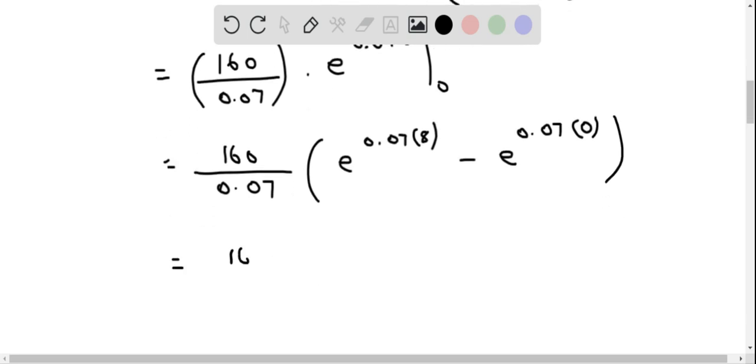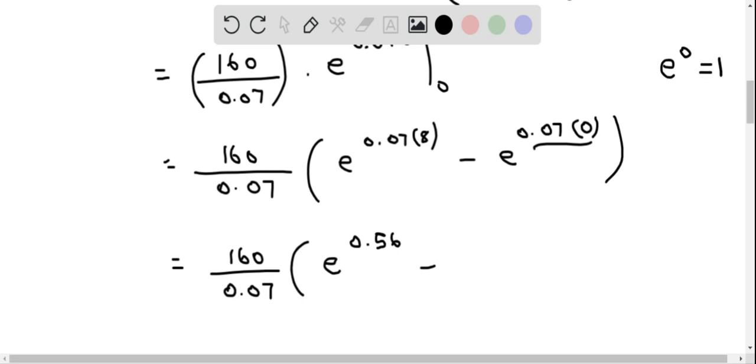So let's evaluate this. 160 divided by 0.07, and 0.07 times 8 is 0.56. So it's basically e raised to the power of 0.56 minus e raised to the power of 0.07 times 0, which is 0, and e raised to the power of 0, the value is 1. So I just put 1 here.